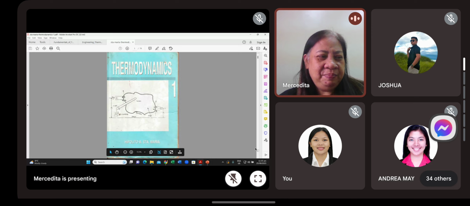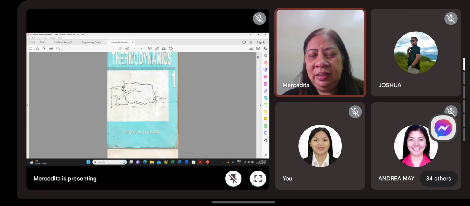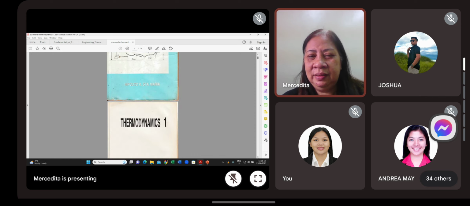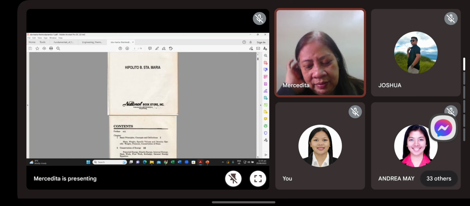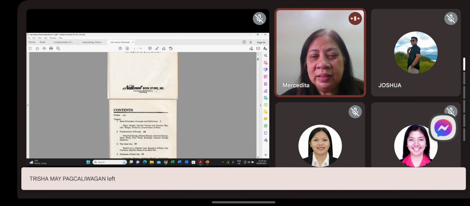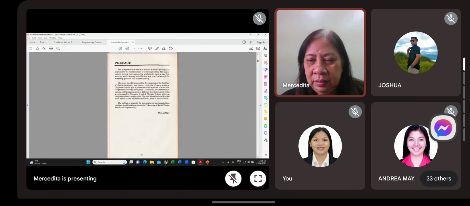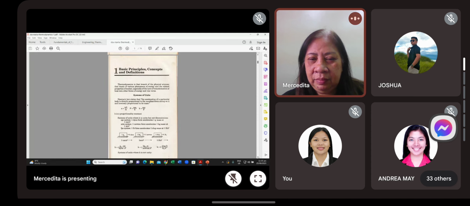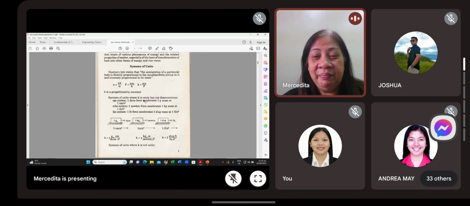And ipopost ko to sa ating GC, hindi lang dito, sa ating Google Classroom, kasi baka may reklamo tayo ni Santa Maria dahil ito ay scan copy ng kanyang book.